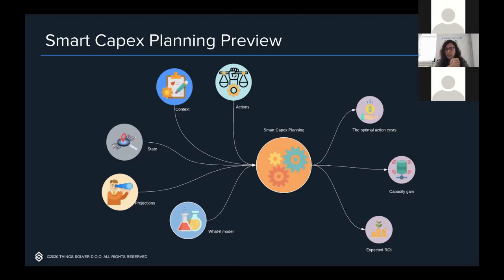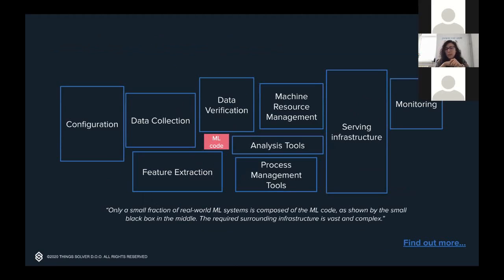Before going into the details, I would like to point out this here. This is a picture that I took from a scientific paper written by people at Google, called, if you want to Google it right now, Hidden Technical Debt in Machine Learning Systems. It says that if you're dealing with some real-world machine learning problem, only a small fraction of the code, represented in this pink color, is composed of machine learning code.